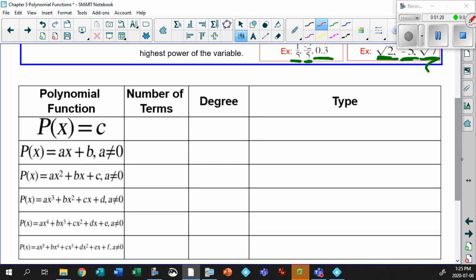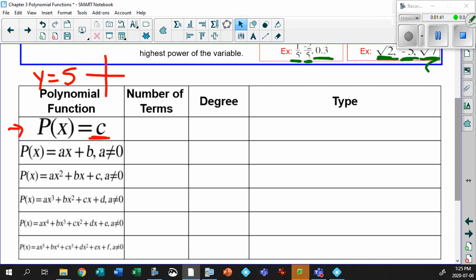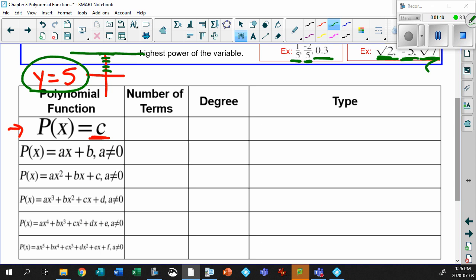Here's a really nice table that should describe it all for us. First things first, here's a polynomial function. What does this first one mean? Well, the C means that it's just a constant value. This would be like y equals 5. If you were to draw this out, there's our axis. You would go 1, 2, 3, 4, 5, and you would just draw a line because all the values of y are going to be 5.